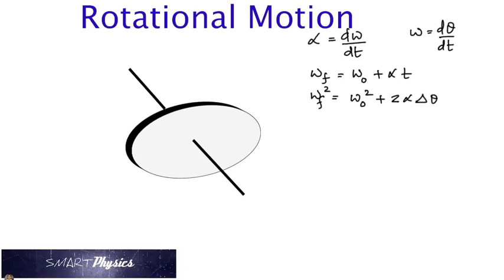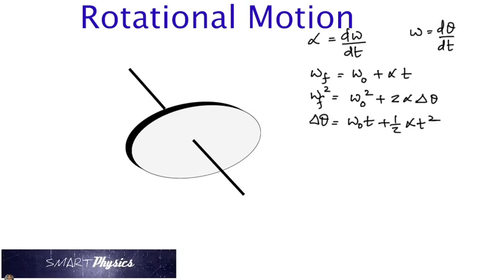Then we called it the king: delta theta is equal to omega naught t plus 1/2 alpha t squared.